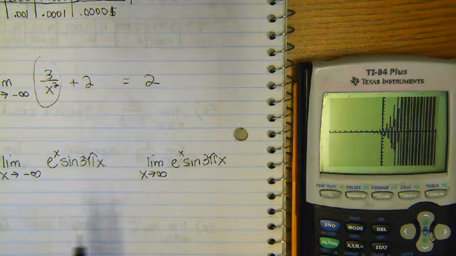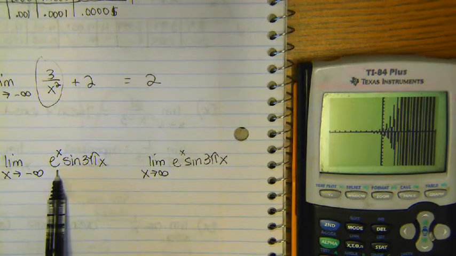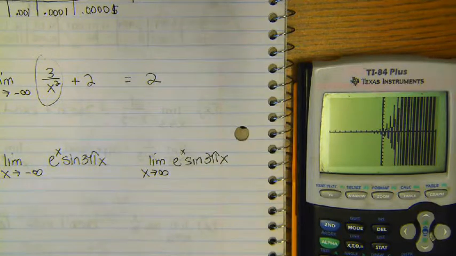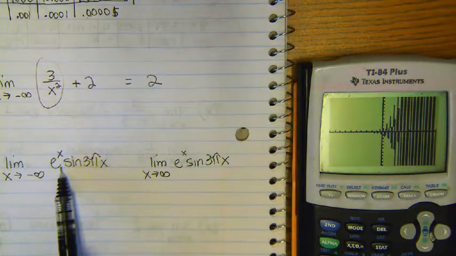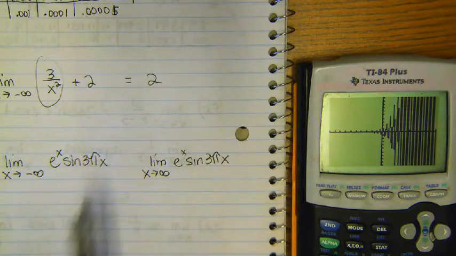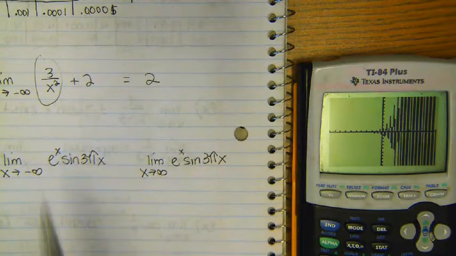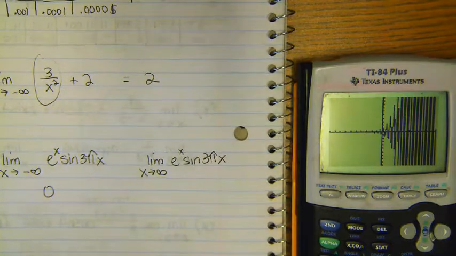So this kind of bounds our function. It's like the boundary of our function. You should know in your head that for exponential growth, if x is approaching negative infinity, that's going to approach 0. So the limit of this one would be 0.